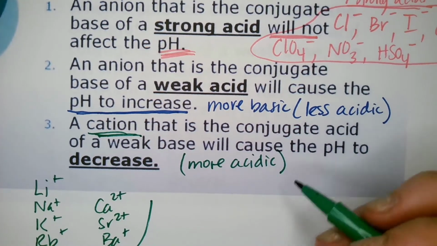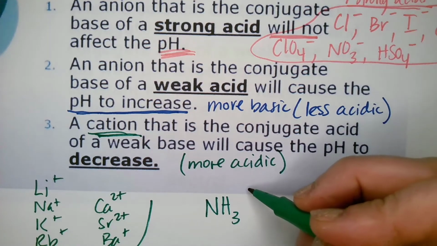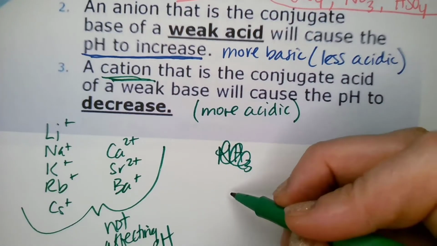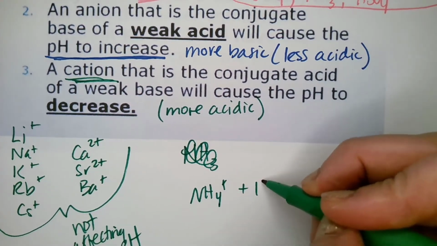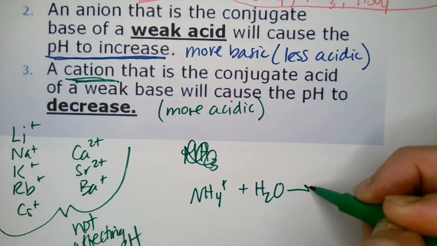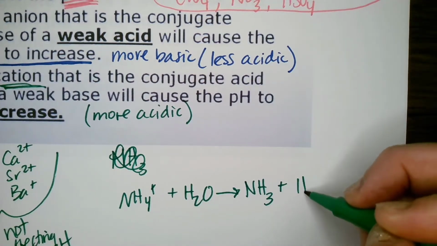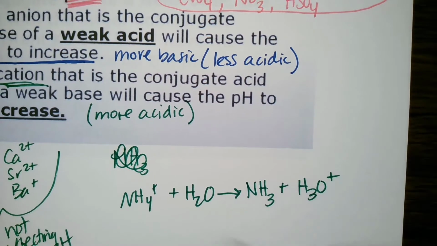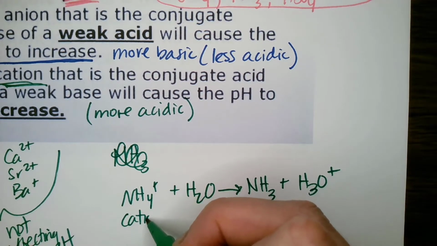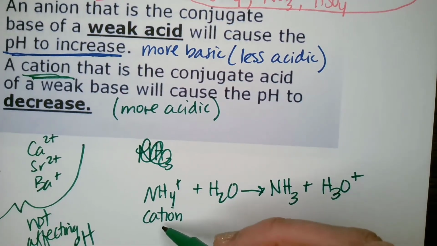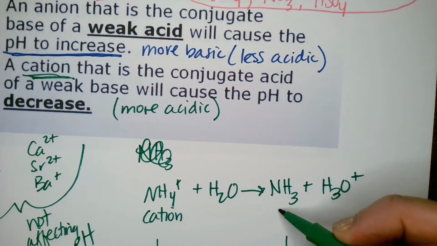We just talked about ammonia a little bit ago. We have ammonium, NH4+, our cation, and its conjugate base is a weak base.